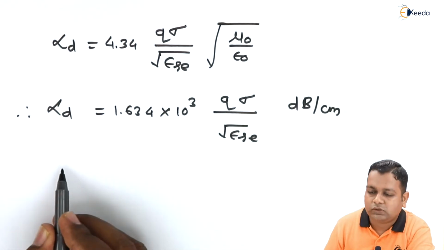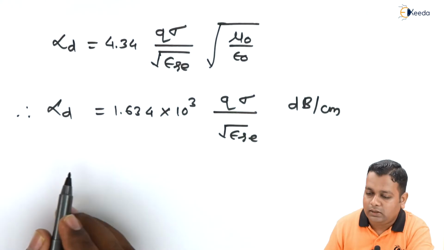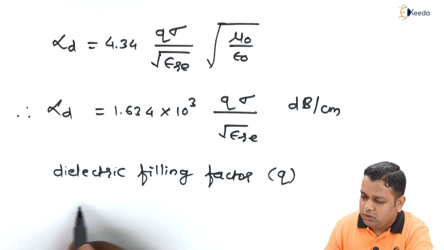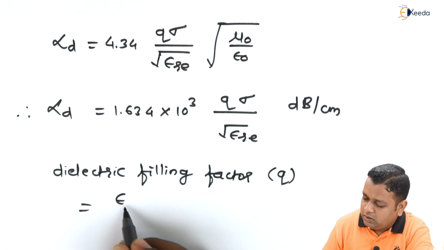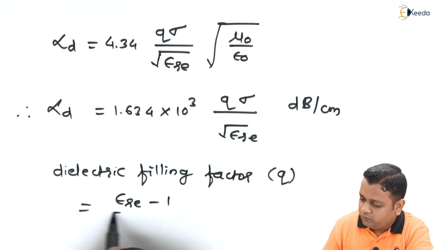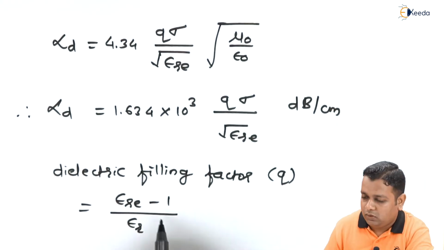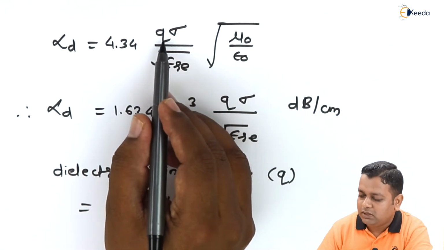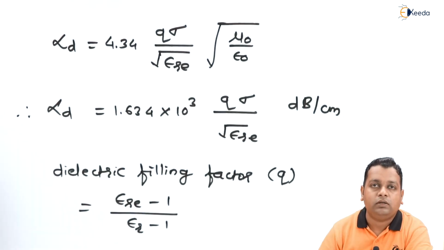So small q is called here dielectric filling factor, and the dielectric filling factor q is computed as effective relative dielectric constant minus 1 divided by the actual relative dielectric constant epsilon r minus 1 there. So this can be substituted in this particular place here of q, so we can get the previous form of the equation.